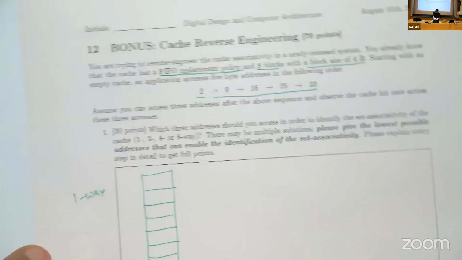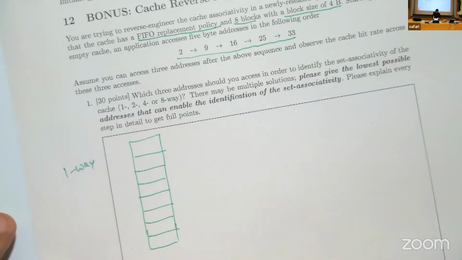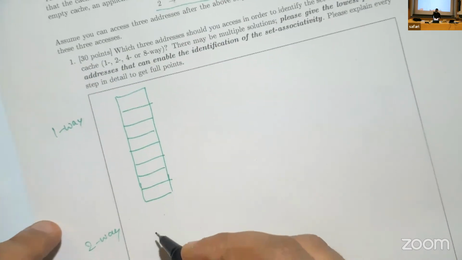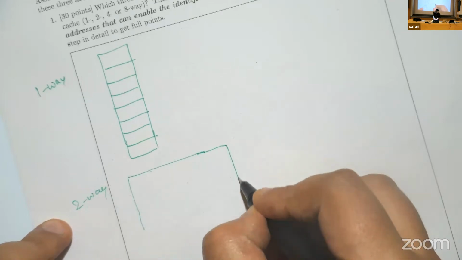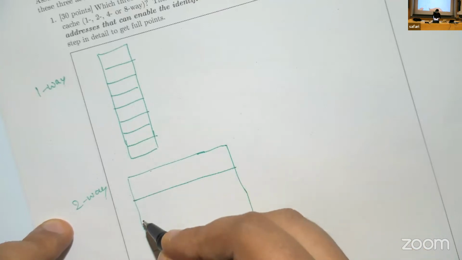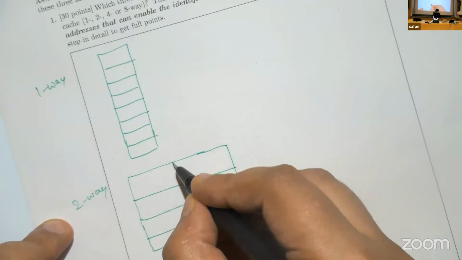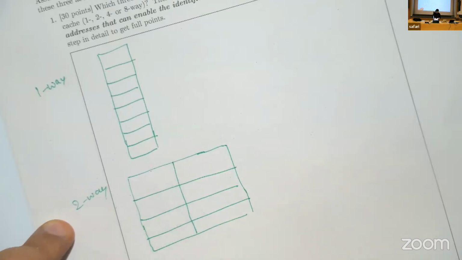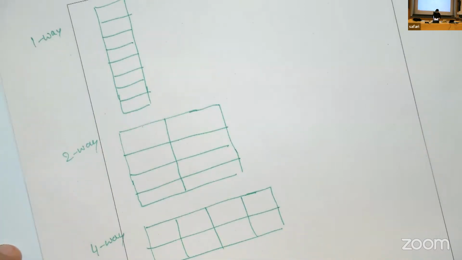Then I'll also have 2-way, and then 4-way, and finally, the 8-way associativity.